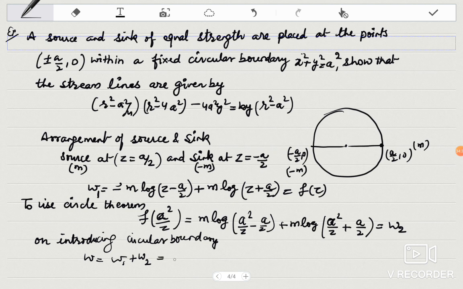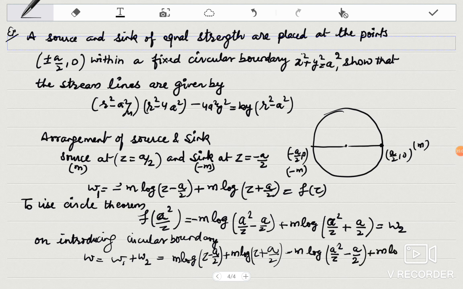So it is minus m log z minus a by 2 plus m log z plus a by 2 here, and here it will be minus m log a square upon z minus a by 2 plus m log a square upon z plus a by 2. You just solve it and you can find the equations of streamline.